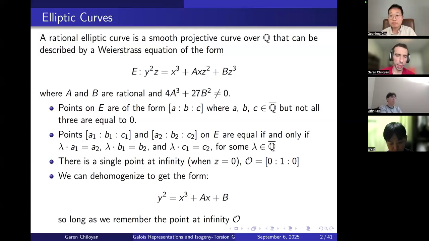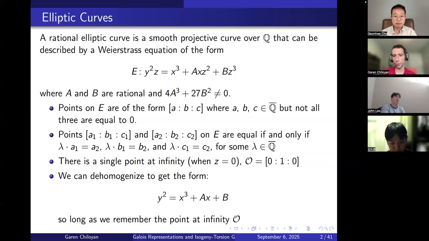Well, it's nice to work with the homogeneous form like we see here, but it's also good to dehomogenize, meaning you rewrite it in a way where you can eliminate this z term and we get y squared equals x cubed plus ax plus b. But I lost the z term. How do I reconcile it?